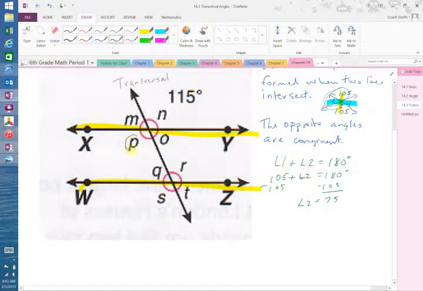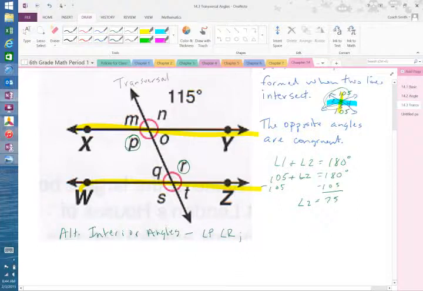So, this right here, angle P is an interior angle. And alternate means angle R. So, alternate interior angles. One is angle P and angle R. That is one pair.